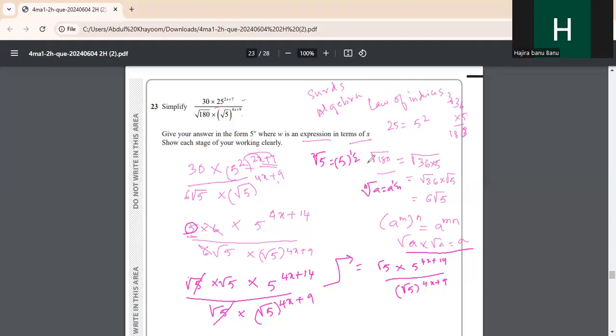So if it is a square root of 5, it is 5 to the power of 1 by 2, because by default this is 2 here. So in place of this root 5, I can write 5 to the power of 1 by 2 times 5 to the power of 4x plus 14 divided by root 5 whole to the power of 4x plus 9. Now I can add the fraction.